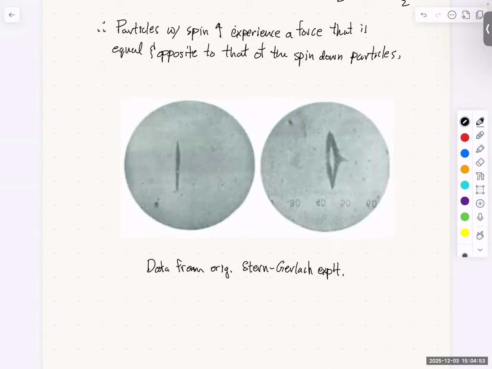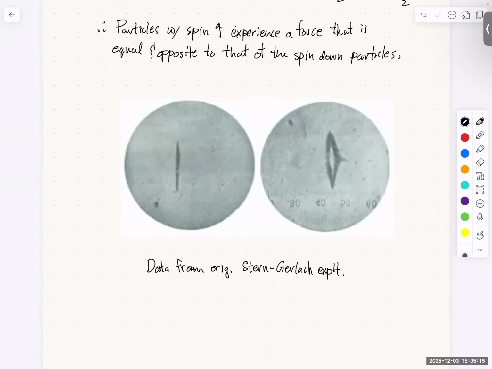What we're seeing on the left is this black line, where all the silver particles hit their detector screen. This one on the left was taken with the magnetic field turned off. We have, say, an electromagnet; we turn off the current, and it generates no field.